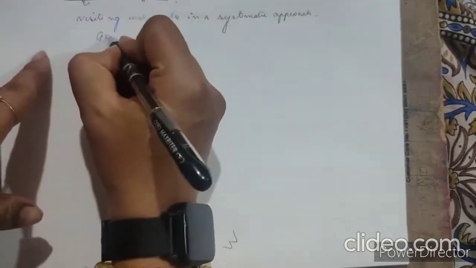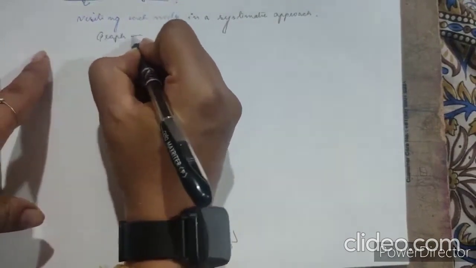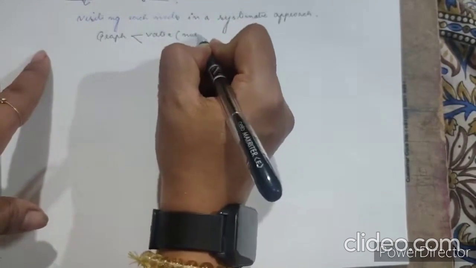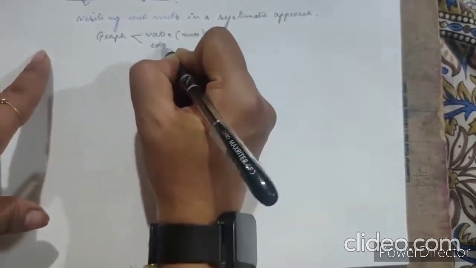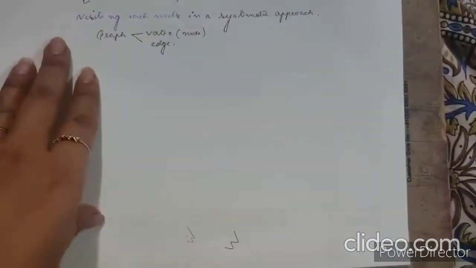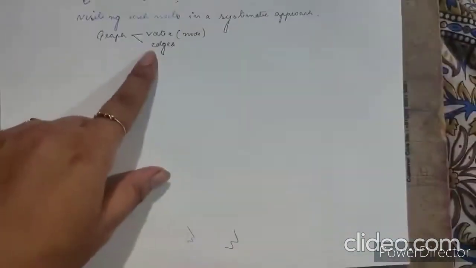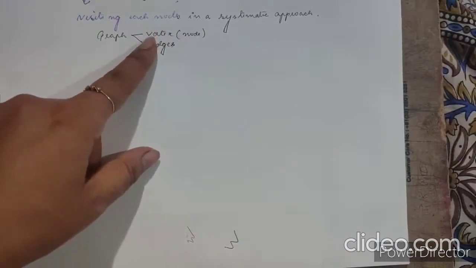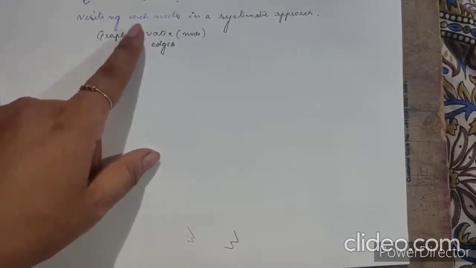We know that a graph is represented by its vertices, or nodes, and by the edges. Traversing each of the nodes or each of the vertices is the traversing in a graph.